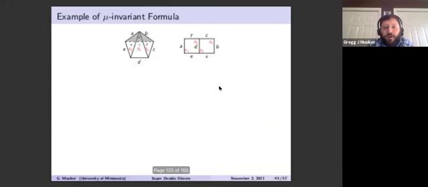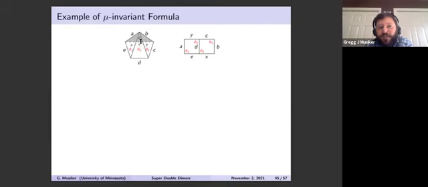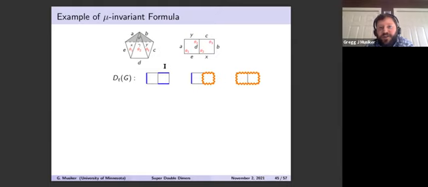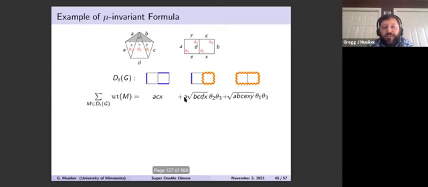As a small example, let's take the mu invariant for the triangle at the top in this particular pentagon. You would build all the double dimer covers that use the top edge labeled as C. You would build the generating function with those weights.